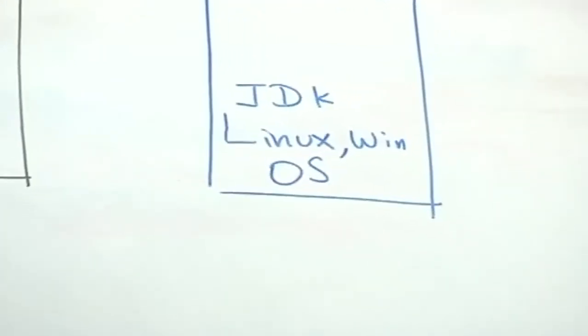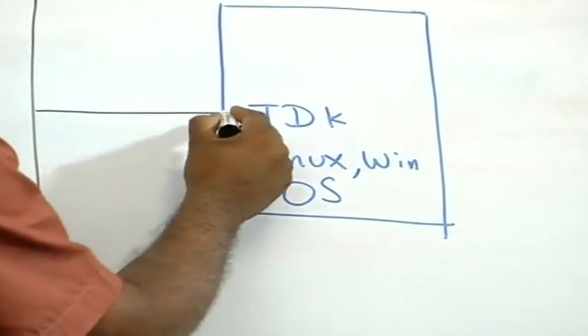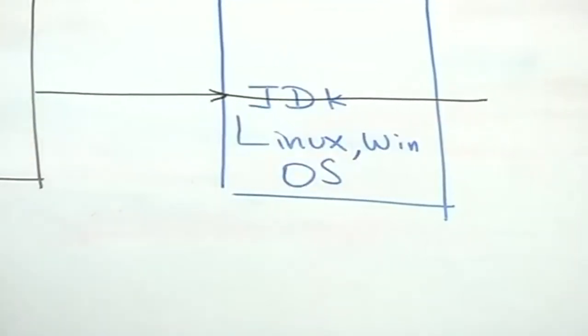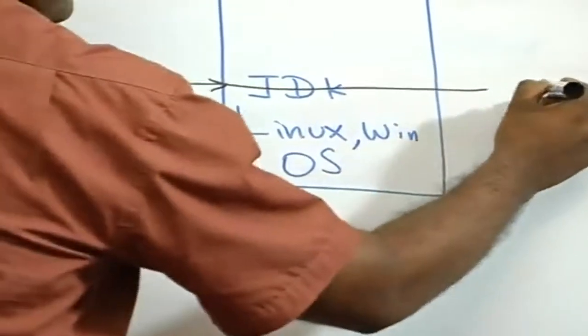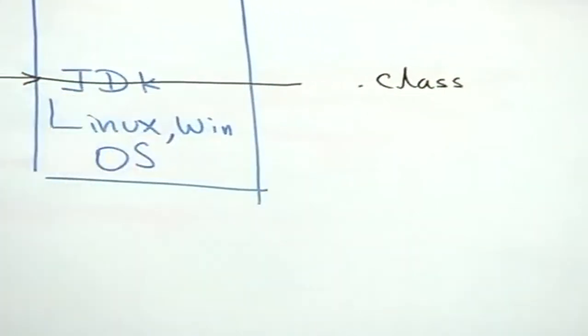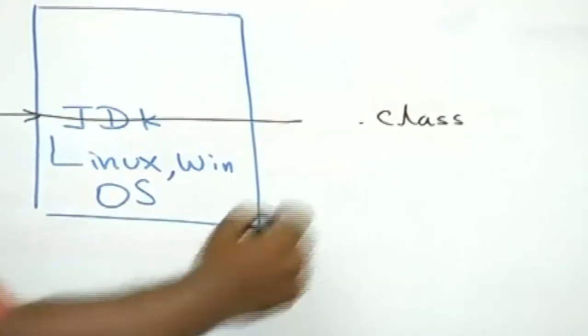Using the JDK we are going to compile the Java program into class files. These class files are called bytecodes.